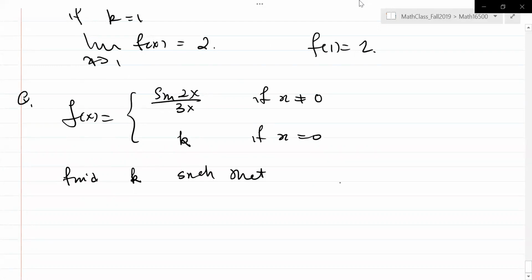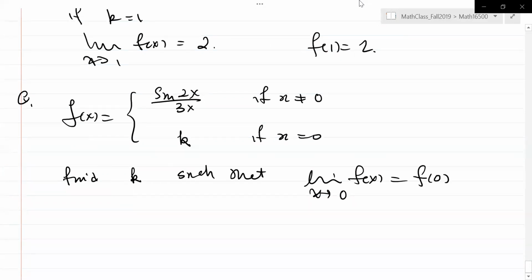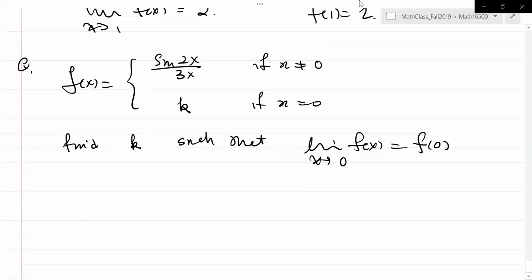When x is not 0, you get sine 2x over 3x. When x equals 0, just some constant k. We have to find k such that the limit of the function as x approaches 0 is the value of the function. What is the value of the function? The value of the function is k. All you have to do is to find the limit as x approaches 0. Then you can determine the value of k.